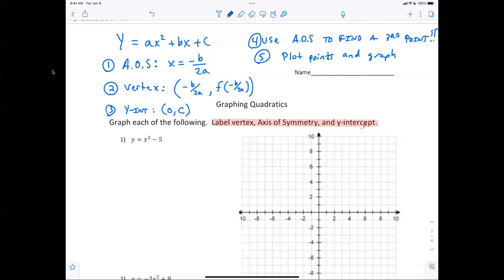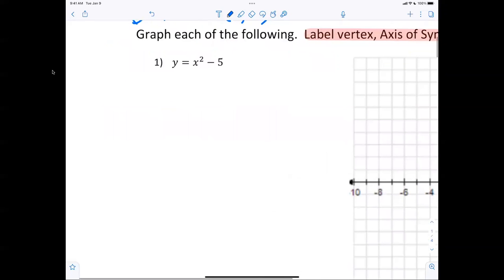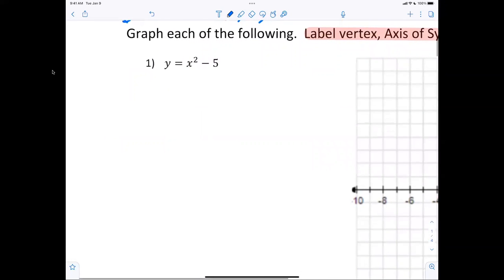So step number 1: we're looking for the axis of symmetry. Everybody writes down x equals negative b over 2a. What did I tell you b was here? B is the number in front of the x.